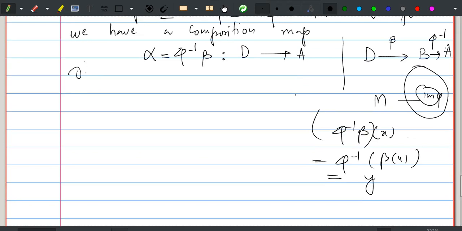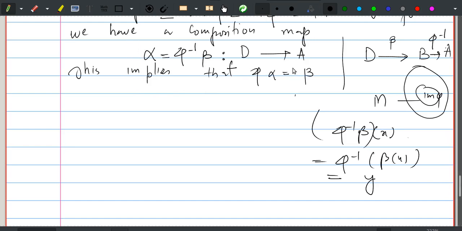This implies that phi of alpha is beta. Just take phi on both sides, we get phi of alpha is beta.